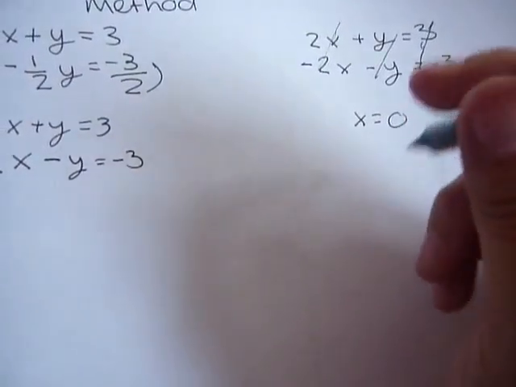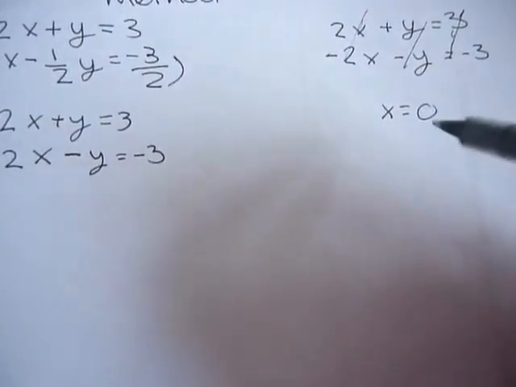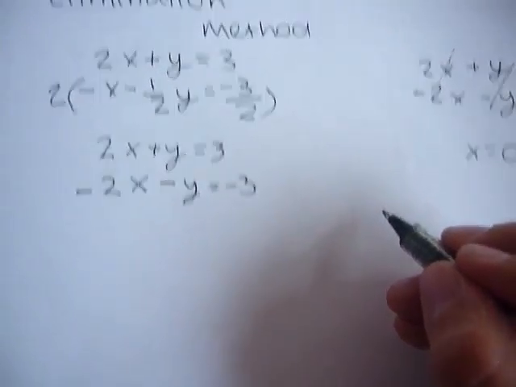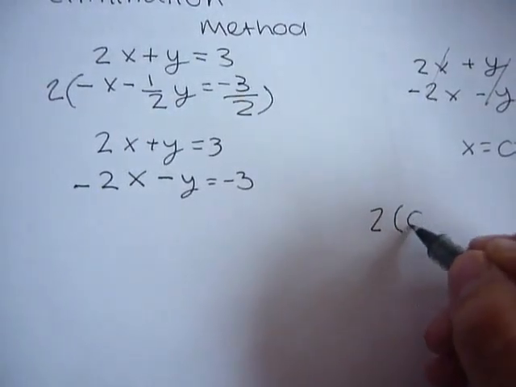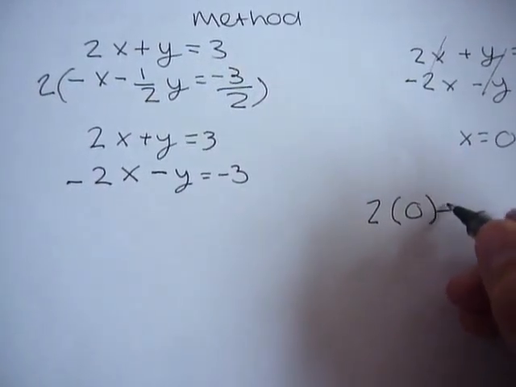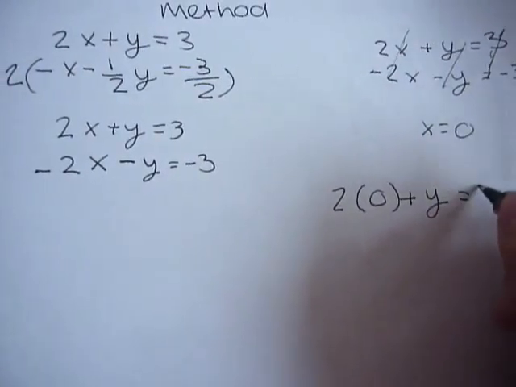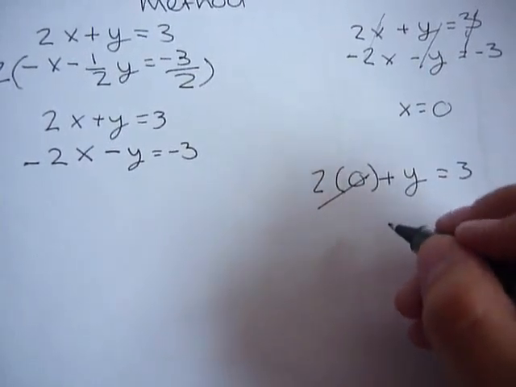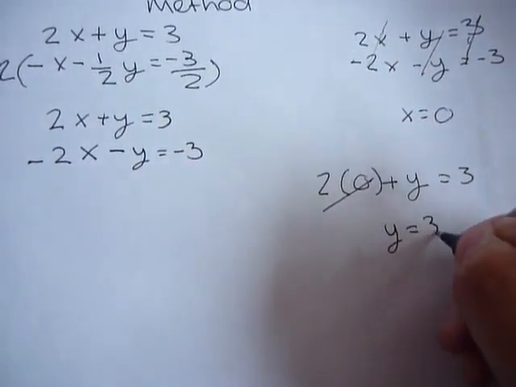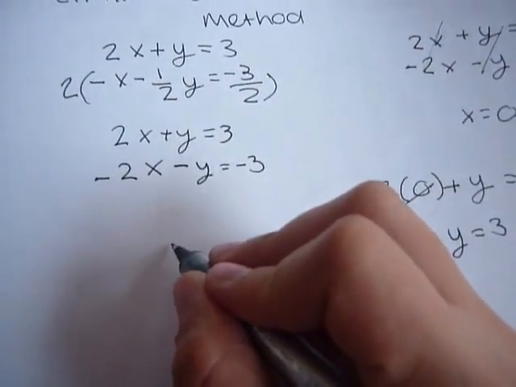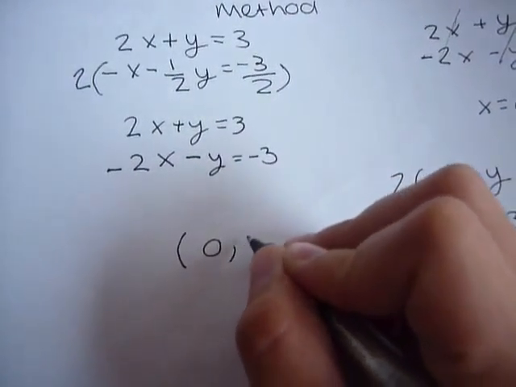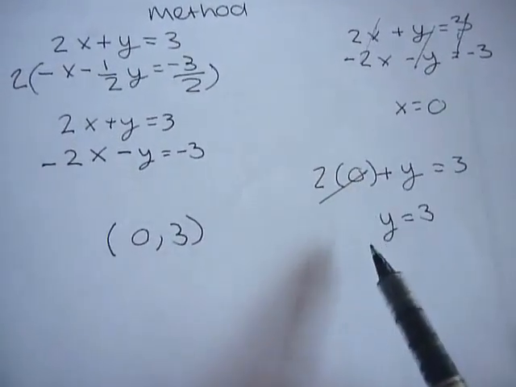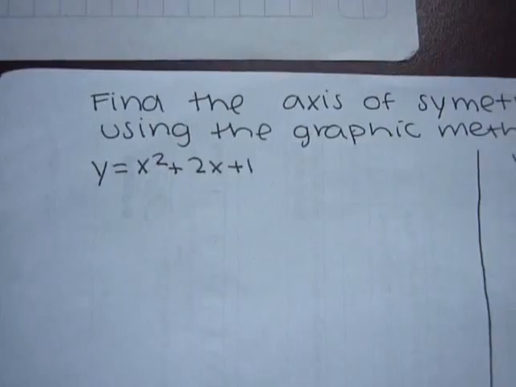Then we have to put x in this equation. So it's going to be 2 times 0 plus y equals 3. 2 times 0 gives us 0, so basically it's going to be y equals 3. Our answer is going to be 0, 3, because x gives us 0 and y gives us 3.